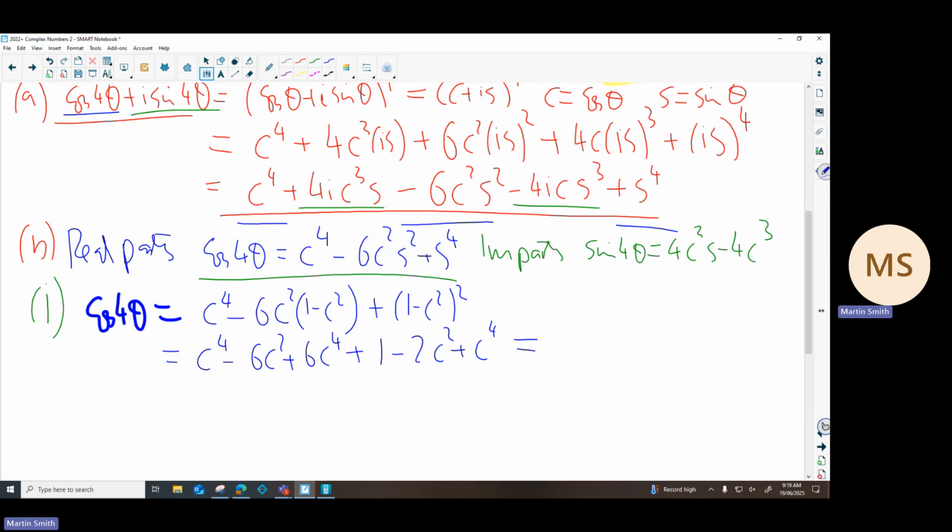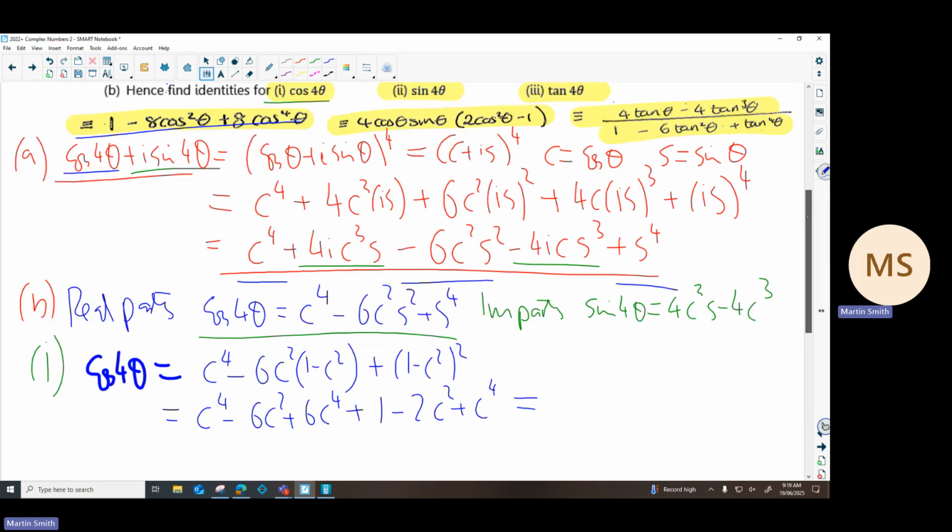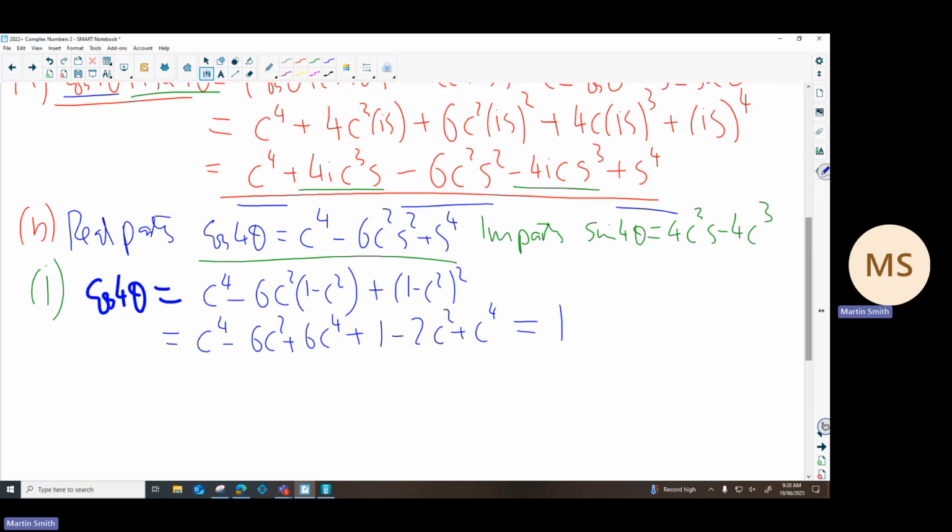And if you collect together the like terms in the order that was given above, the constant term first. The constant term is 1. I've got minus 6c squared minus 2c squared, which is minus 8c squared. And then I've got c to the 4 plus 6c to the 4 plus c to the 4, again, is 8c to the 4. So therefore, I have proved the first identity.